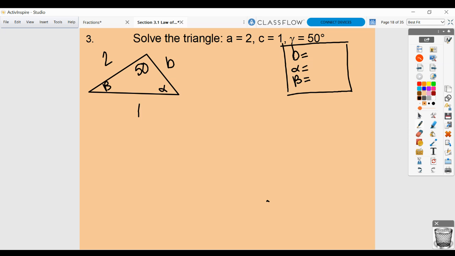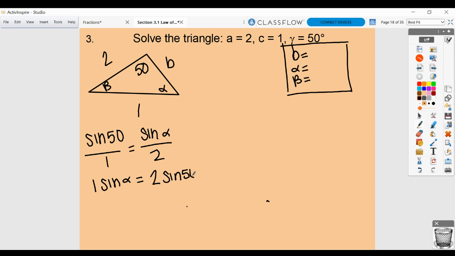Okay, so to find my match, I'm going to use sine of 50 over 1. And then the only thing I can find is alpha, so sine of alpha over 2. Cross multiply, so you have 1 sine alpha equals 2 sine 50.